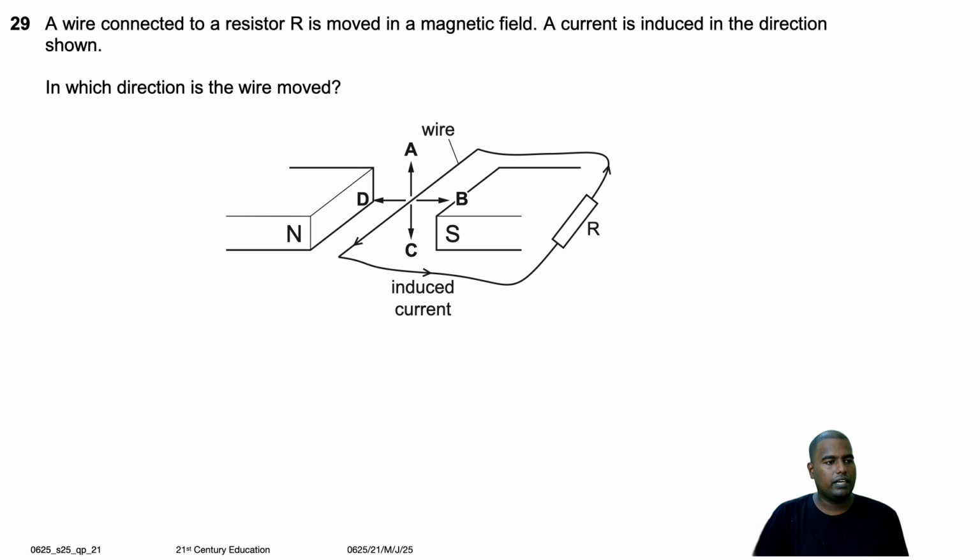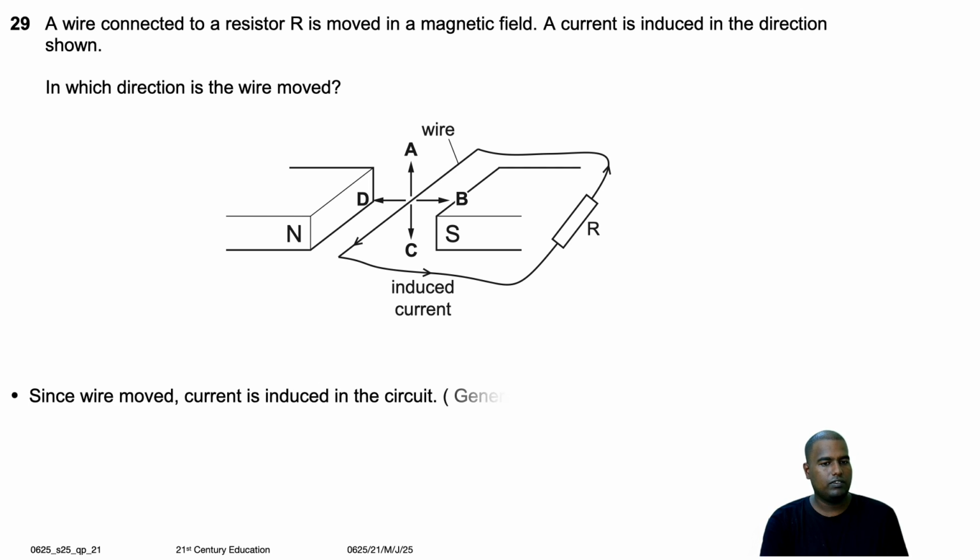A wire connected to a resistor R is moved in a magnetic field. A current is induced in the direction shown. Which direction does the wire move? This wire is moving and current is generated, so it's a generator law, Fleming's right hand rule. They're asking in which direction the wire should move so that the current is pointing towards us.